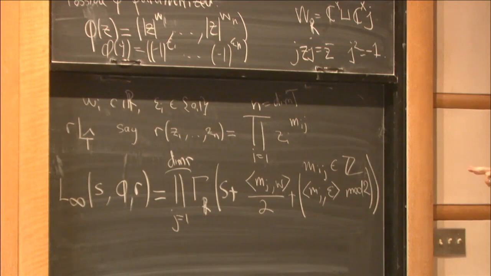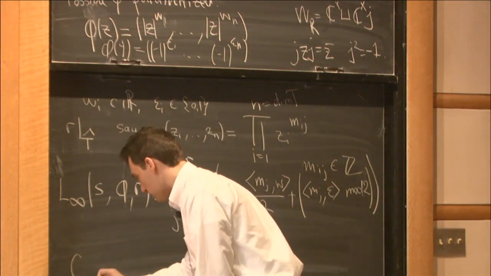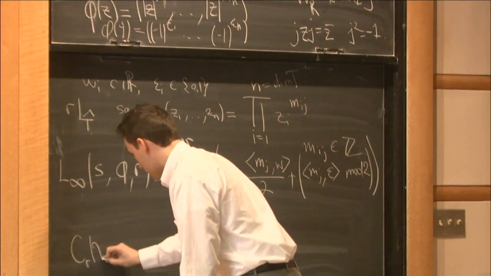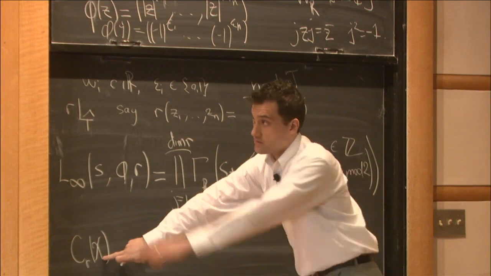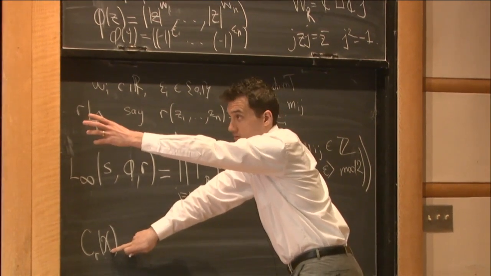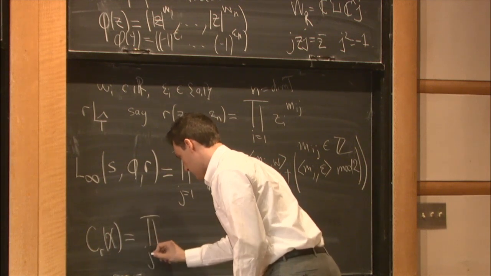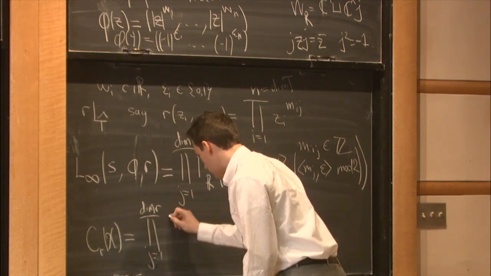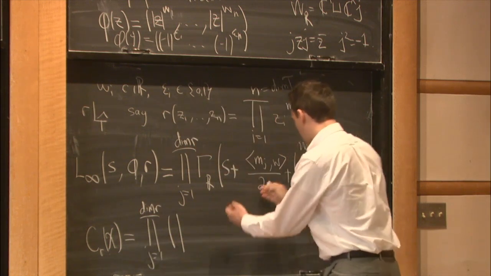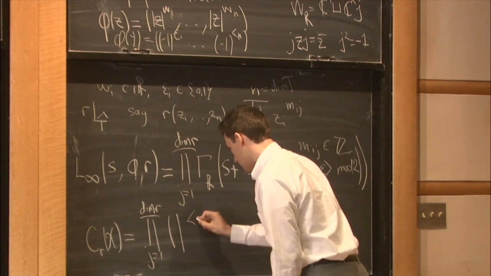So this is the local L factor at infinity, and then finally the conductor chi. If phi corresponds to chi under Langlands' theorem, then this is the product j equals 1 to the dimension of r of the absolute value of this stuff on the inside.